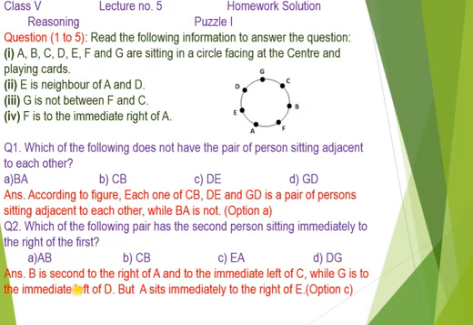Answer: B is second to the right of A and to the immediate left of C, while G is to the immediate left of D, but A sits immediately to the right of E. So our answer is option C, E A.